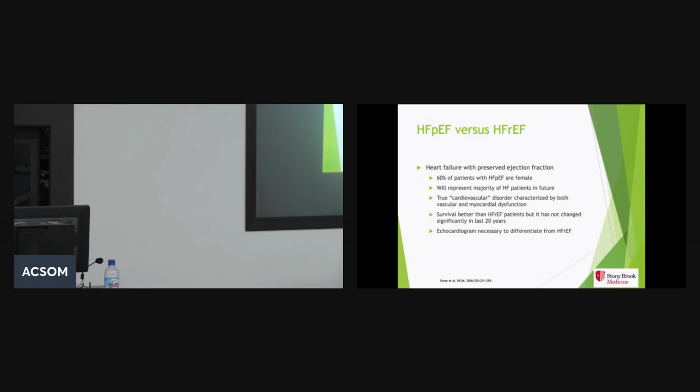Not chest pain. Dyspnea, edema, cough, orthopnea, right? Symptoms of volume overload. Acute decompensated heart failure is a clinical diagnosis.